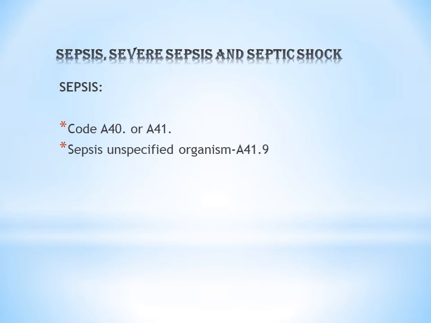If the doctor documents sepsis, the code will be A40 or A41, determined on the basis of the type of microorganism. The A40 series includes Streptococcus sepsis, different types of Streptococcus, and A41 includes other microorganisms. If the type of microorganism is unspecified, we take A41.9, sepsis, unspecified organism.